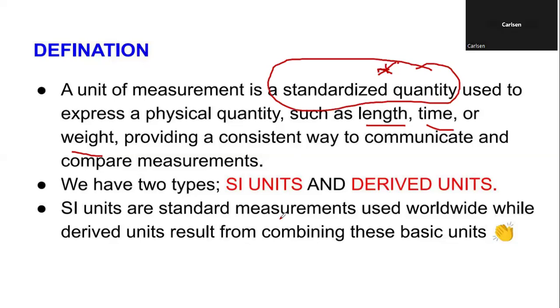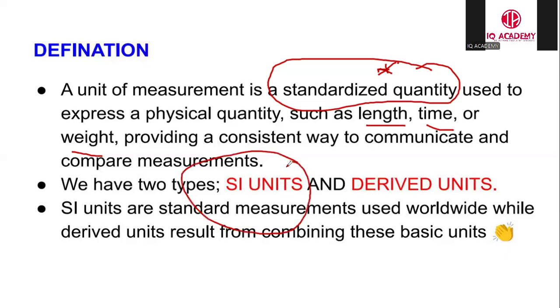Okay, better. And then we have two types of units in chemistry or in any physical science. One, we have what we call the base units. In some literature, they refer to them as the SI units.